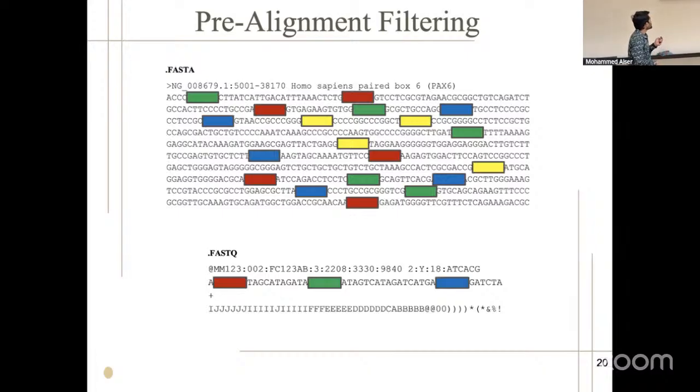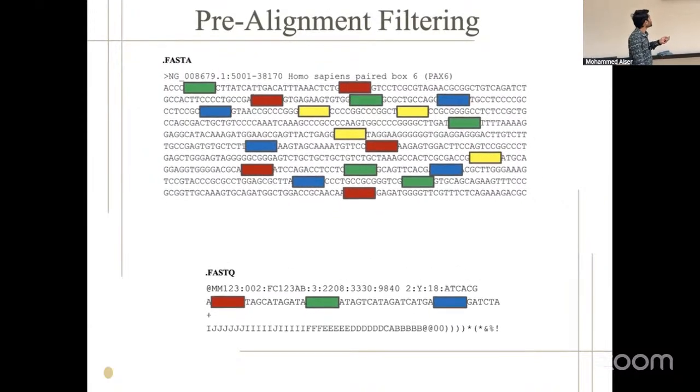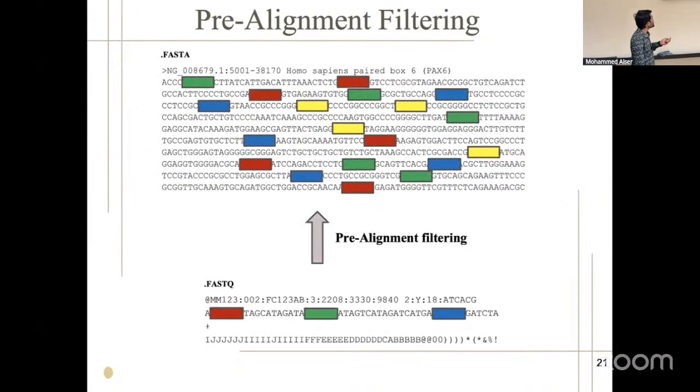So in read mapping with pre-alignment filtering, this is the same example as the previous one, without the pre-alignment filtering. Next. What happens here is that in between there is another step, pre-alignment filtering. In the previous case, we looked for the position of these seeds in the reference genome, right? But here, before looking for the position, it will go through pre-alignment filtering and remove some of the locations.